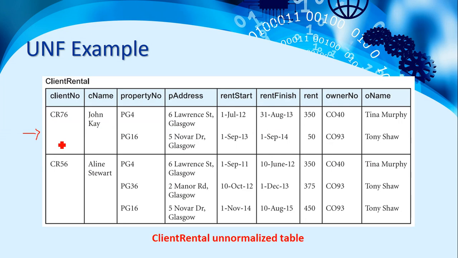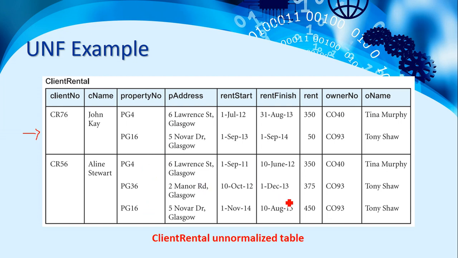And as you notice, there are some cells that have multiple values. For example, this property number has two values, PG4 and PG16. And for this client number, Alan Stewart, the property number has three values.